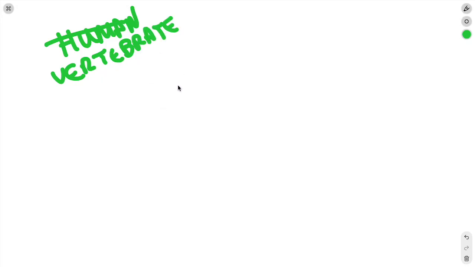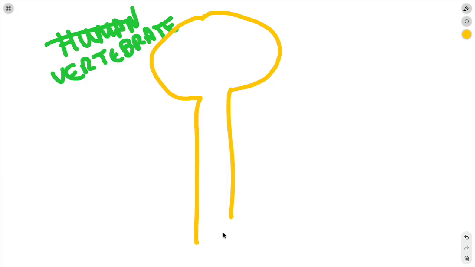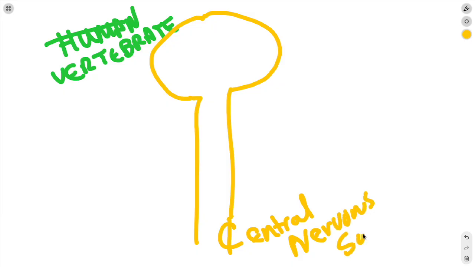There are some differences in invertebrates. But we'd start out with the motor neuron. All the motor neurons in our body that cause muscle contractions are inside the central nervous system, that's made up of the brain and the spinal cord.